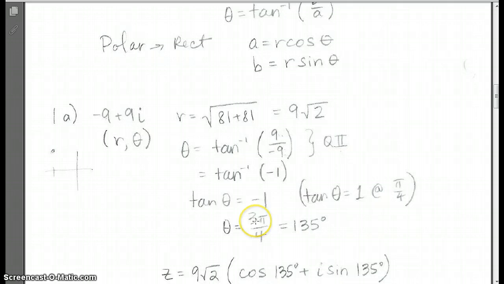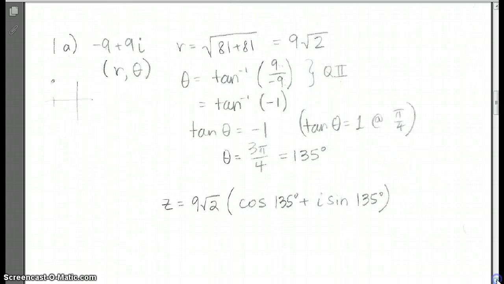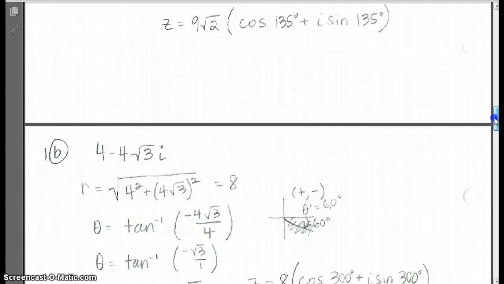So in quadrant 2, that would be where theta is 3 pi over 4, and in degrees would be 135. So once we figure out r and theta, then we're just plugging it into the format z equals r times the quantity cosine theta plus i sine theta. So the biggest thing here would be these signs. You really want to pay attention to which quadrant you're sitting in.